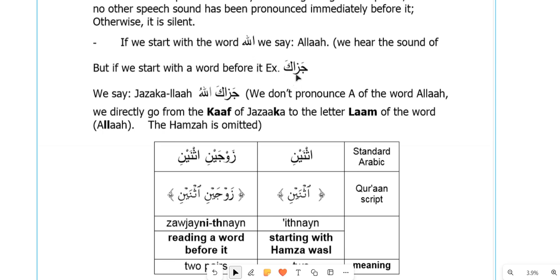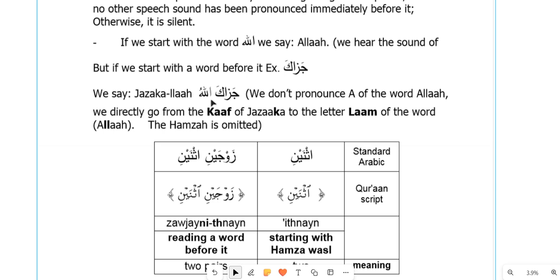But when it is in between, for example, we add this word jazaka before lafzul jalala. Jazakallahu. Do you hear the sound of hamzatul wasl?